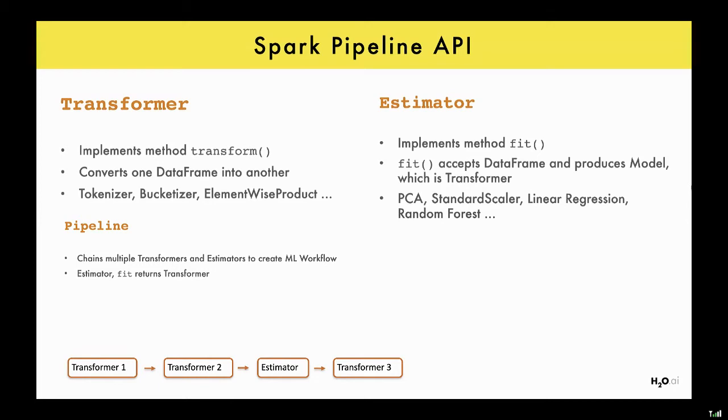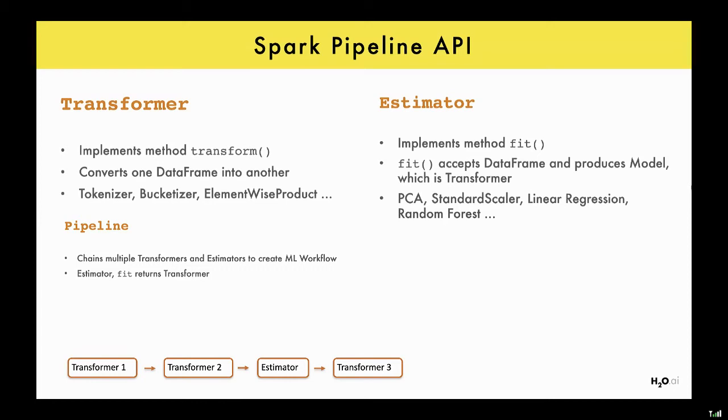The other stage is called an estimator, which implements the method fit, and this estimator stage is good for wrapping the models. So let's say when you want to train H2O GBM or H2O XGBoost or a Spark linear regression model, you use an estimator. That estimator will implement the fit method, which will fit the model on the data you pass to it, and the outcome of this fit method is actually a transformer.